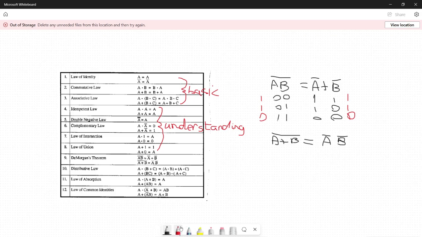Remember that this is different to this. There is a gap in the bars here, there is a gap in the bars. This is a solid bar. This is a solid bar. So they are not the same.